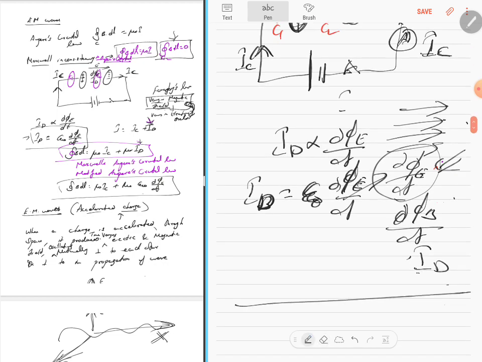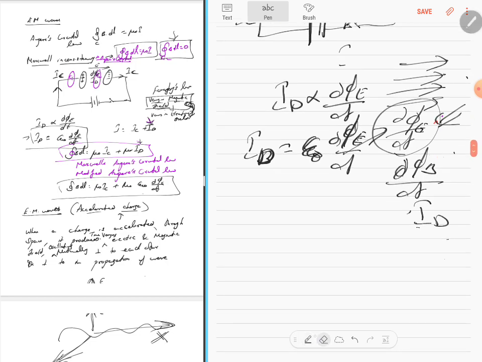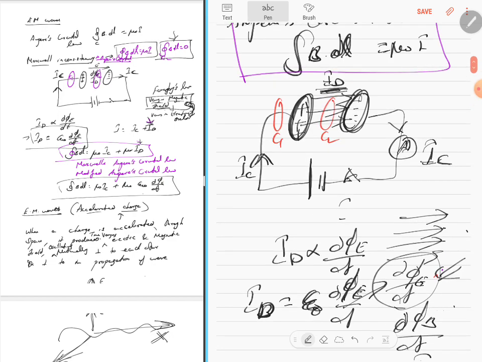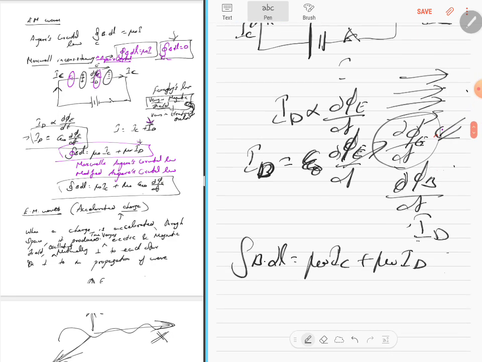And what is the displacement current? It's that current which flows between the plates of the capacitor when there is a varying electric field, or rather varying electric flux. And thus he modifies Ampere's circuital law. Integration of B dot dl is not only mu naught into IC, but it's also mu naught into ID, considering IC and ID are two currents which are flowing here.